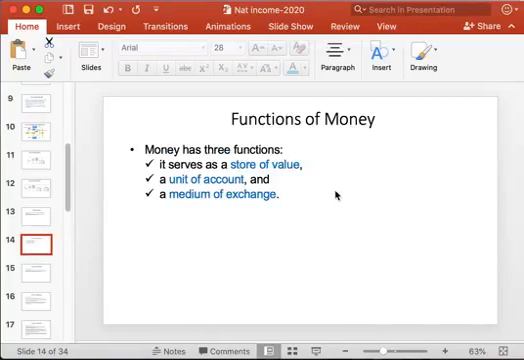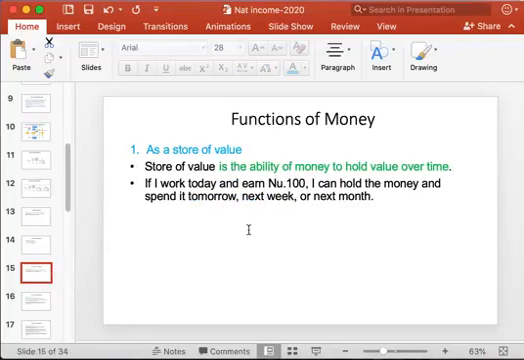And money has three functions. Money serves as a store of value, money serves as a unit of account, and money serves as a medium of exchange. Now to look into the details of each of them.